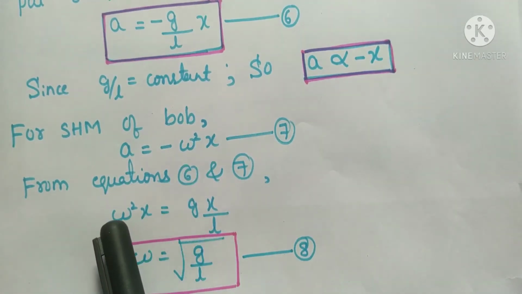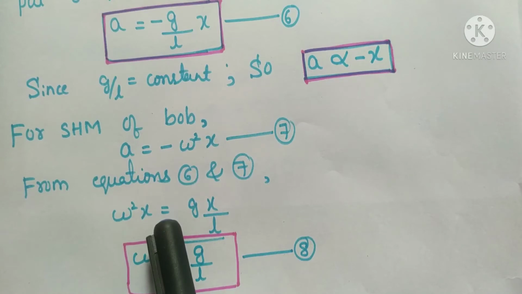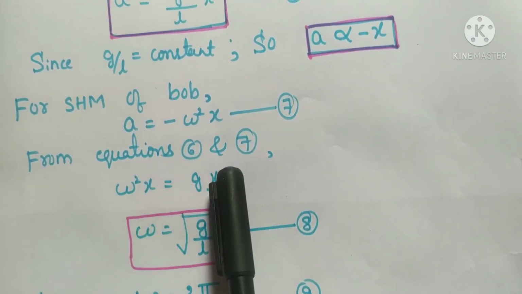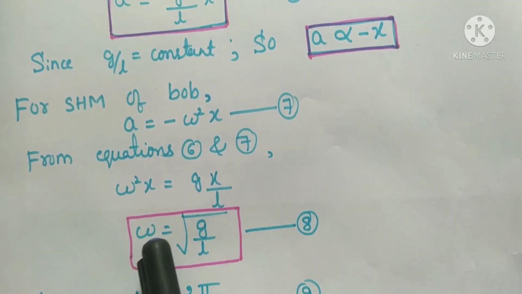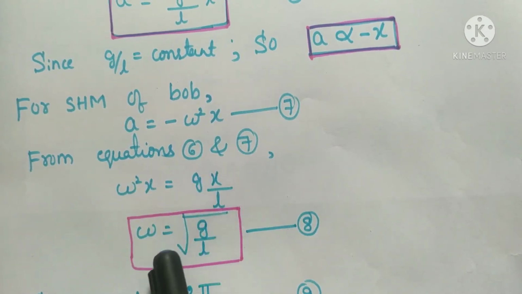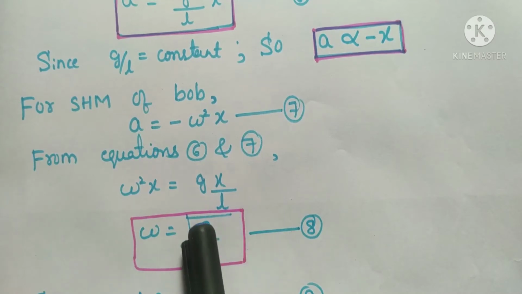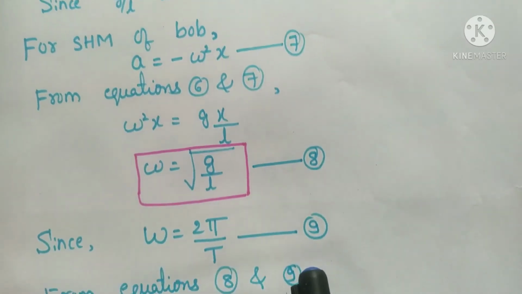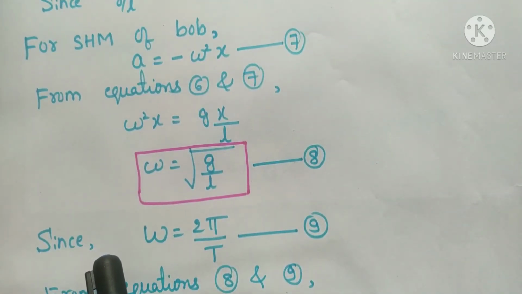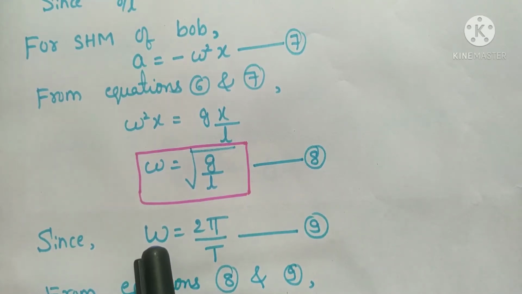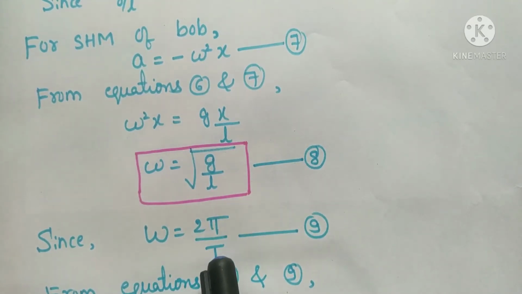So we can write omega square into x equals g x divided by L. Here x cancels, so we are left with omega equals, if the square comes to this side it becomes a square root, so omega equals square root of g by L. This is the expression for the angular frequency, and from the definition the angular frequency can be written as omega equals 2 pi by T.